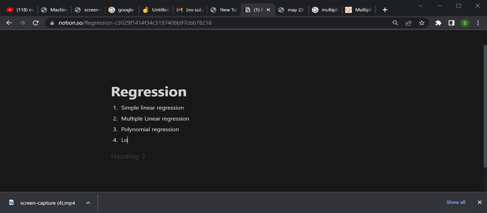The last one is logistic regression, and it comes in unit number 3. But we are going to see it in this session only.